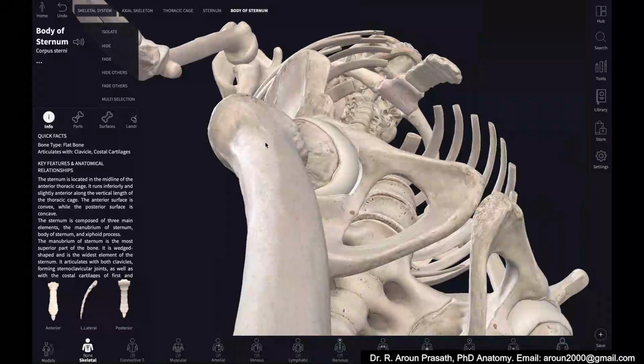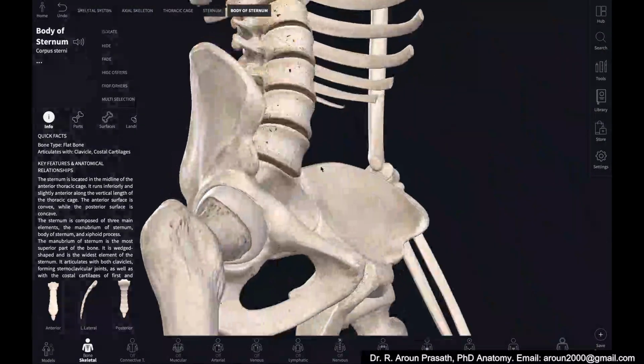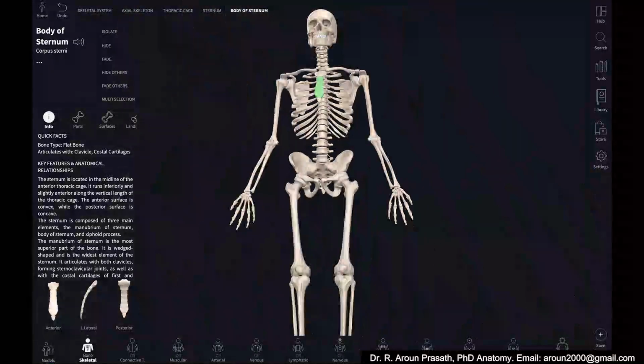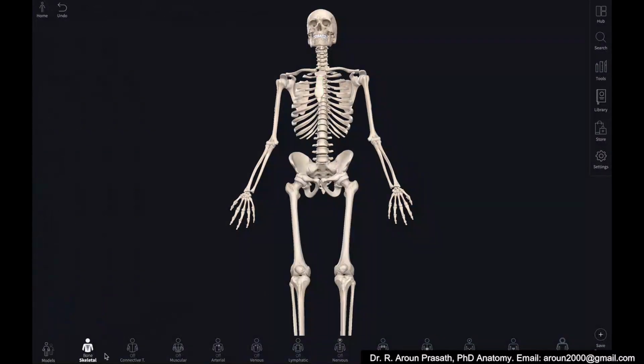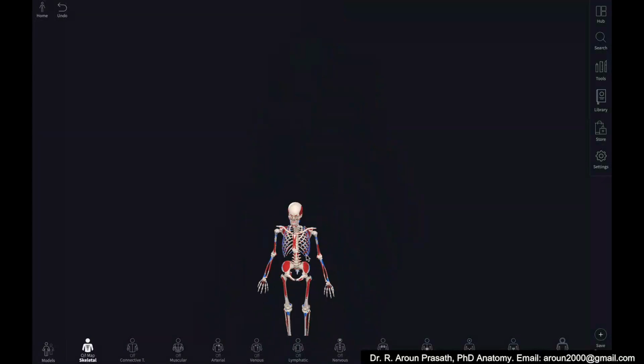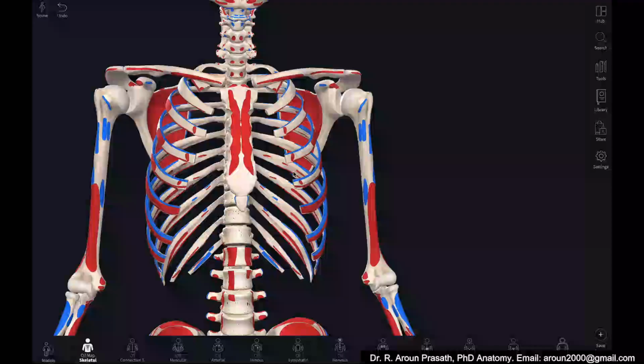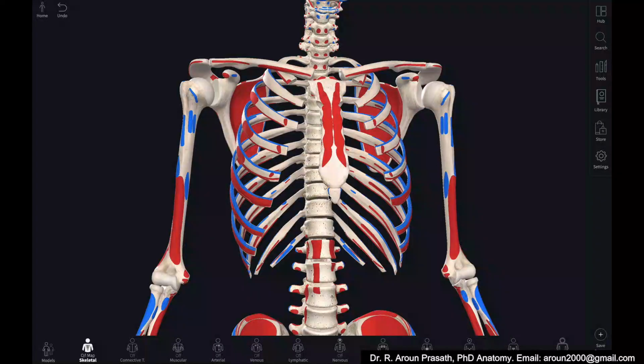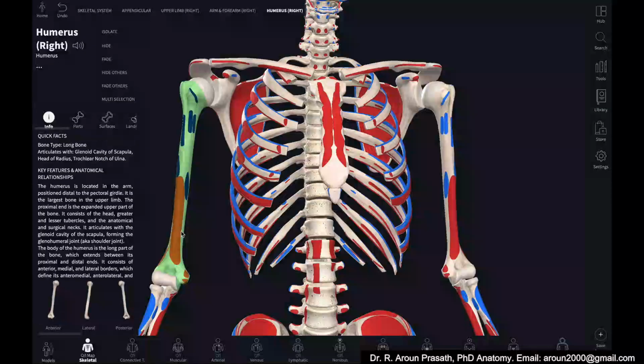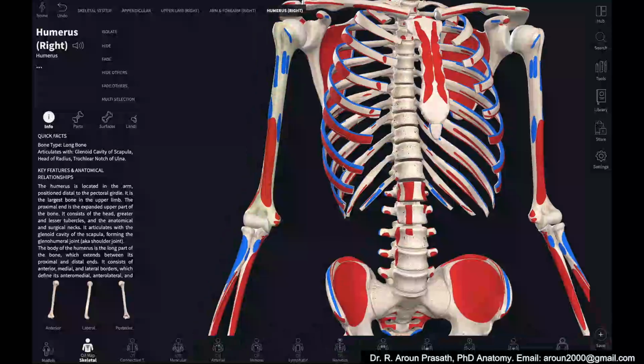Before starting the bones of the upper limb, I would like to show you some landmarks. What you see here are the red color and the blue color markings on the bones.